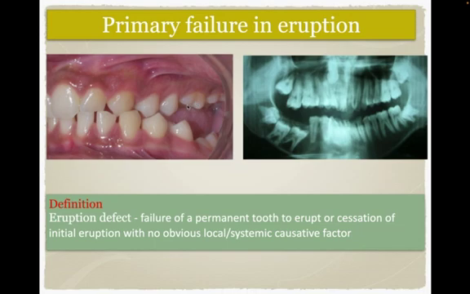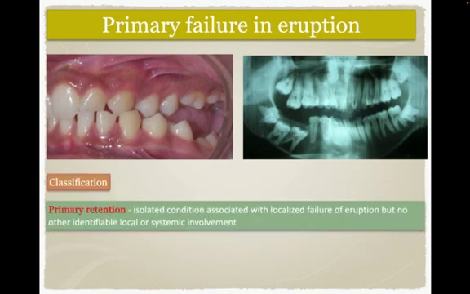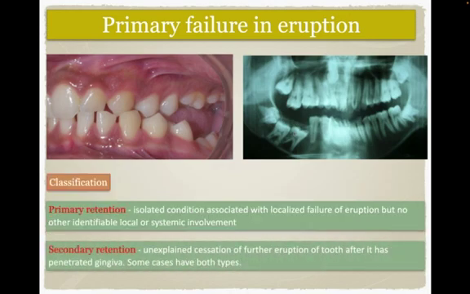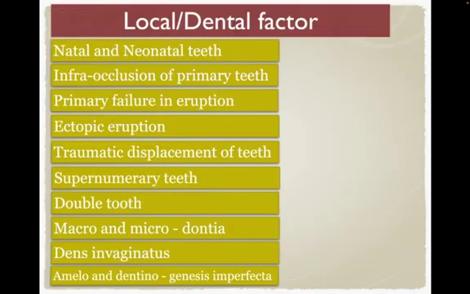Now, if this failure of eruption happened after the tooth has penetrated the mucosa, we call this primary failure of eruption. However, if this happened while the tooth is still within the bone and did not penetrate into the oral cavity, we call it secondary failure of eruption, as we can see in this radiograph. That's what we call primary and secondary failure of eruption.